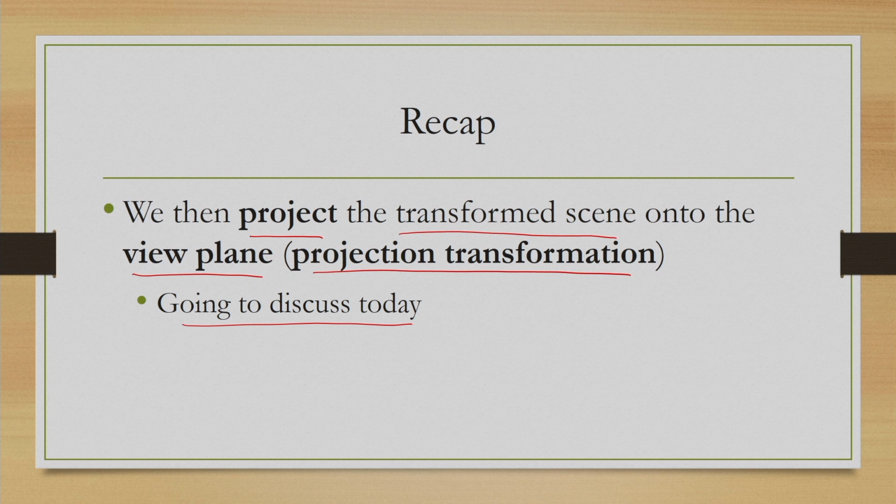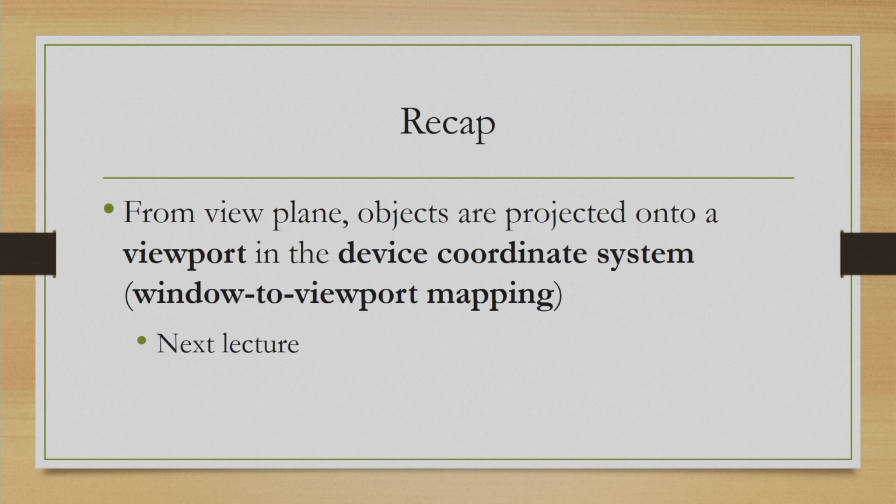There is one more substage, the third substage, in which we perform another transformation. From the view plane where the scene is projected, we transform it to a description on the device coordinate system in a region called a viewport.